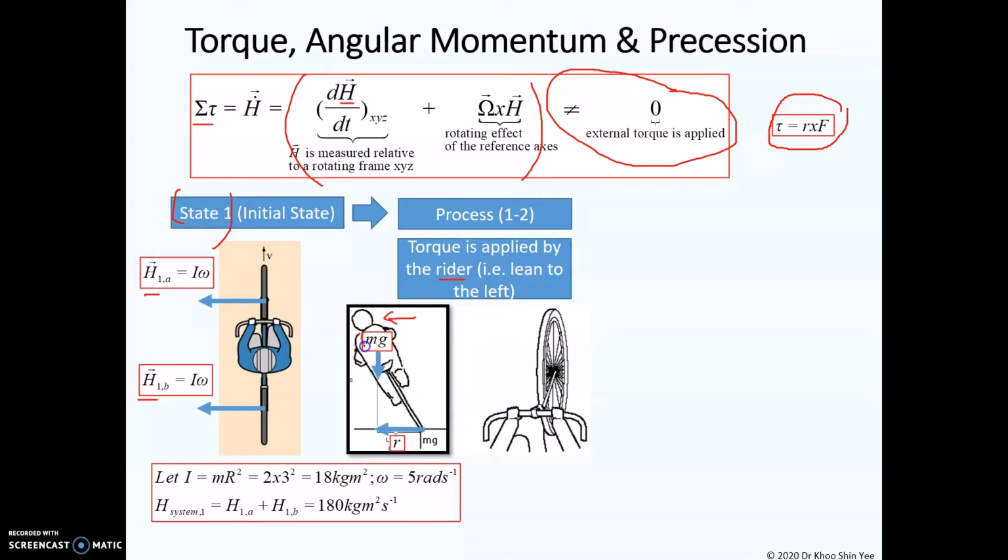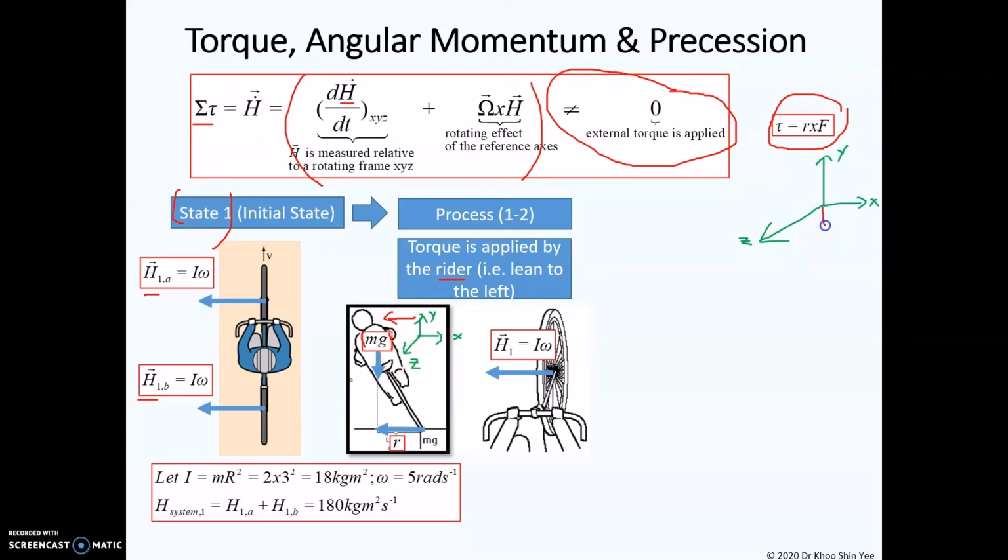In this case, the force is equal to mg, acting downward, and the radius is acting to the left-hand side. Let's assign the x-axis to the right, the y-axis moving upward, and the z-axis moving backward.